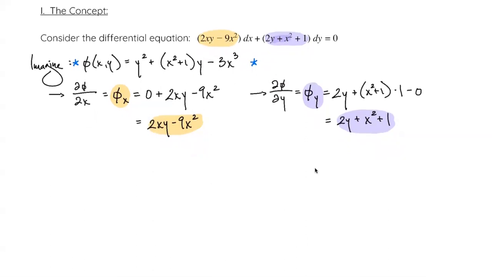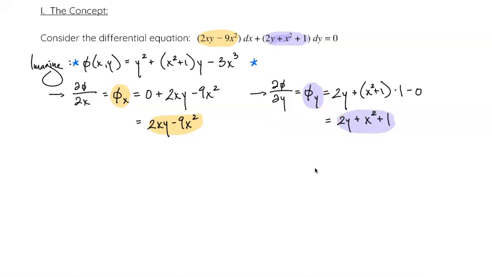In fact, this function that I said I want you to imagine was chosen very carefully so that this would happen. Okay. Now I'm going to do a little substitution here. In this differential equation, everywhere I see 2xy minus 9x squared, I'm going to write phi sub x. And everywhere I see 2y plus x squared plus 1, I'm going to write phi sub y.